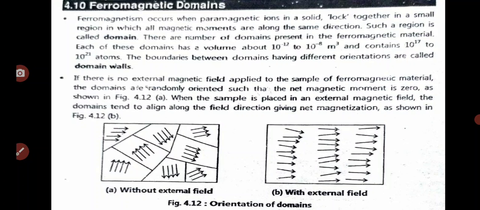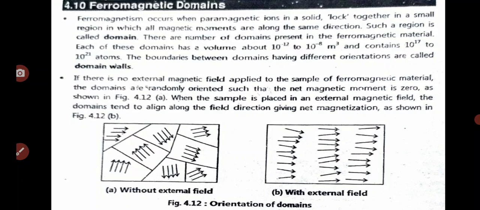If the material is not placed in an external magnetic field, the domains in this ferromagnetic sample are randomly oriented, and the net magnetic moment of the material is 0. This is shown in figure A, without an external field.